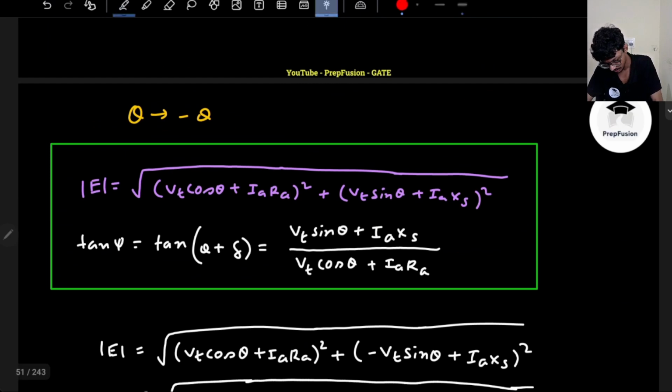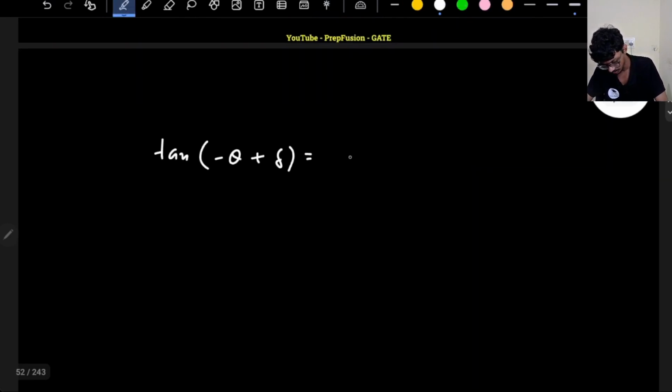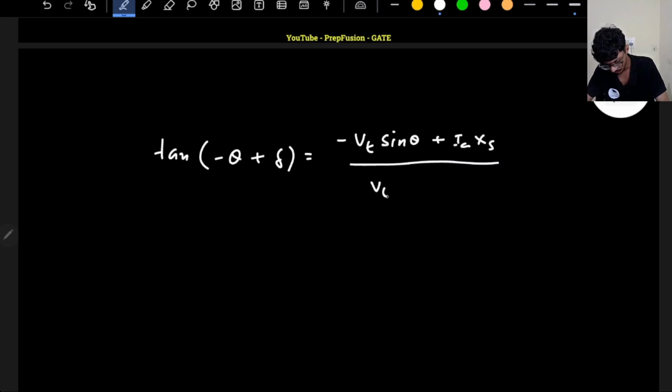Replacing theta with minus theta here, this will be minus of Vt sin theta plus Ia Xs divided by Vt cos theta plus Ia Ra.